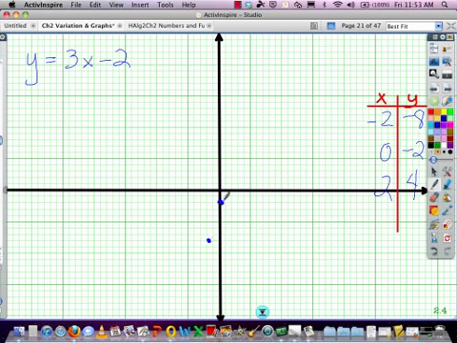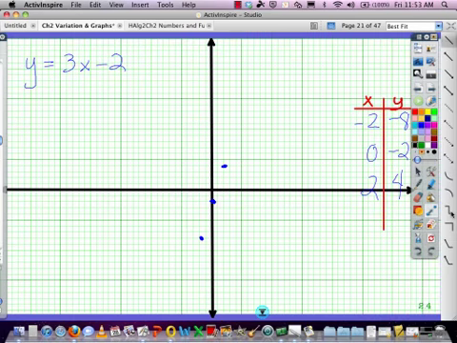And lastly, positive 2, 4, to the right 2, up 4, puts us about right there. You should be able to then draw a straight line through those points, put arrows on the end of it, and be good to go. Make it go past those first and last points, and you have a good representation of your line. Okay? That is one way to graph them.